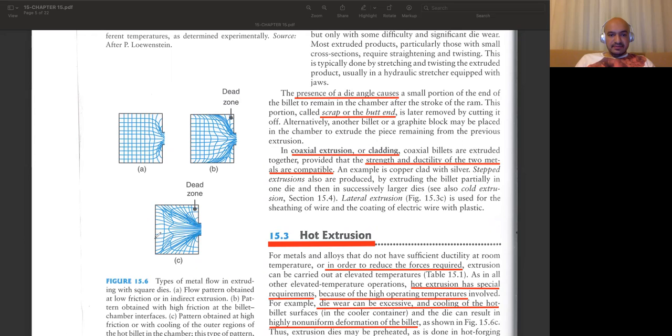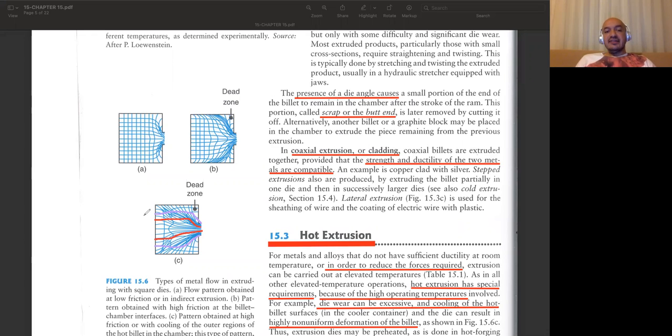That's fine. This might be the internal material. Let me use another color here. And that might be the second material you are using in this extrusion process. And once you complete it, then it's called coaxial extrusion.